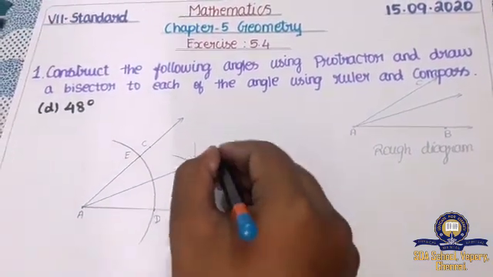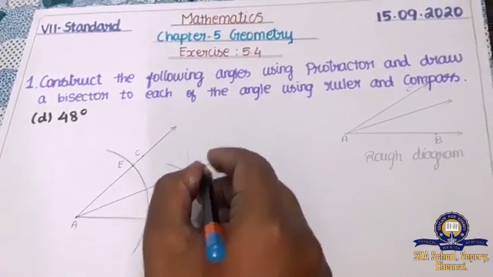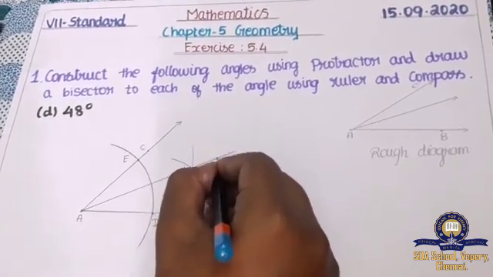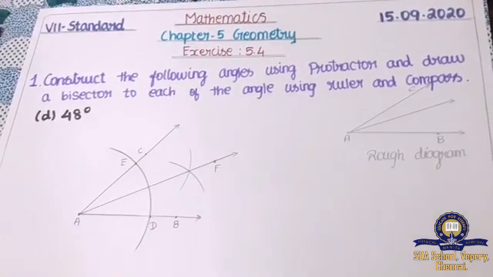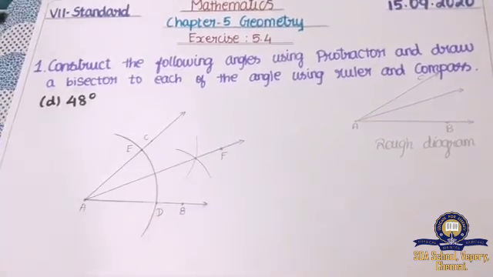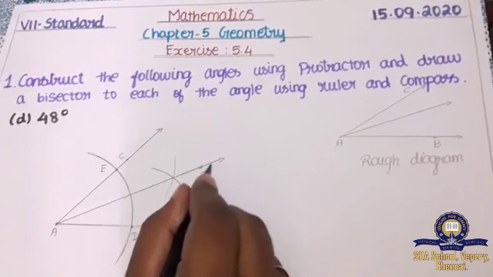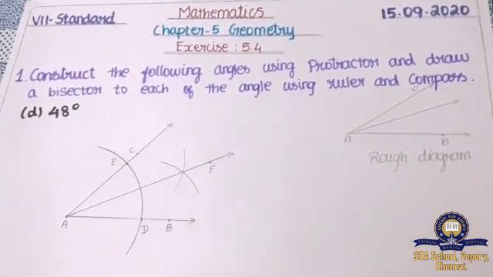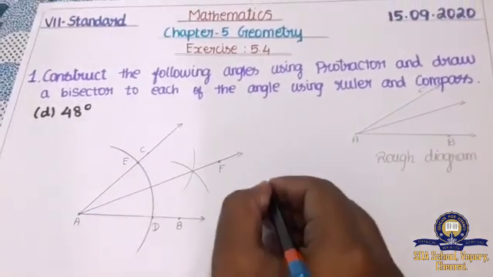And mark the point as F. So, now we get two equal angles. So, therefore, we get that AF is an angle bisector of the given angle ABC.